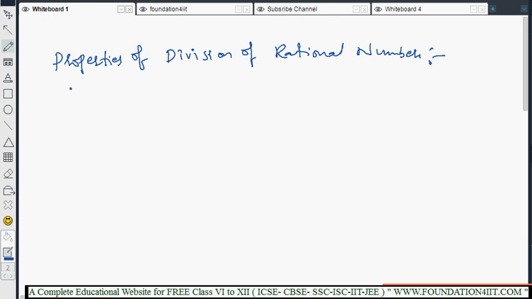There are three properties I'll explain here. The first property under division of rational numbers is the closure property.